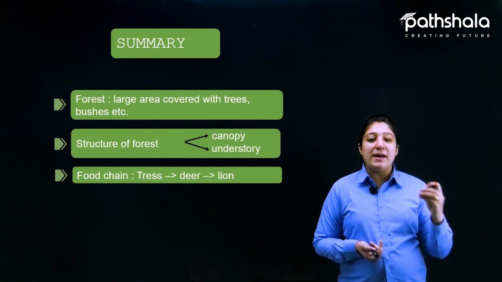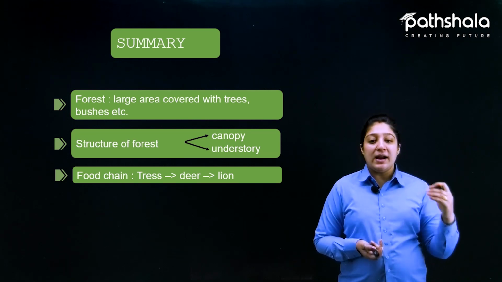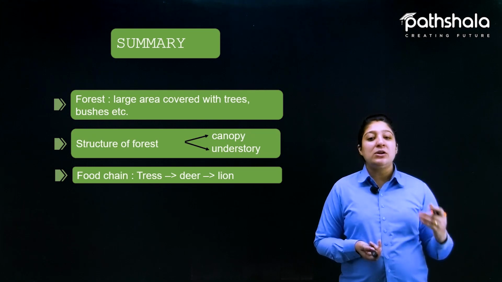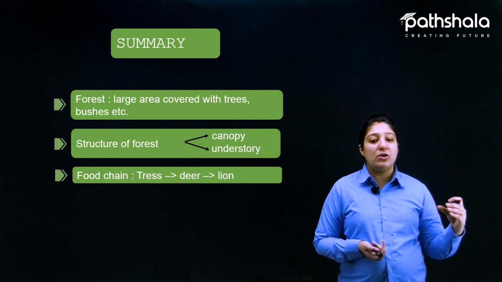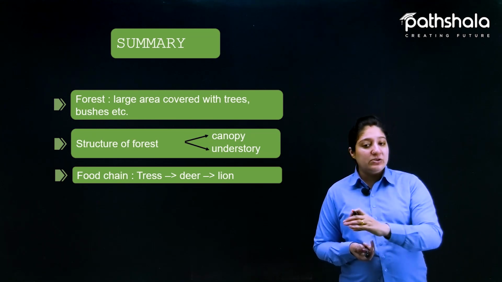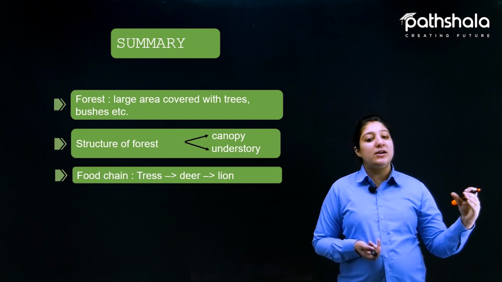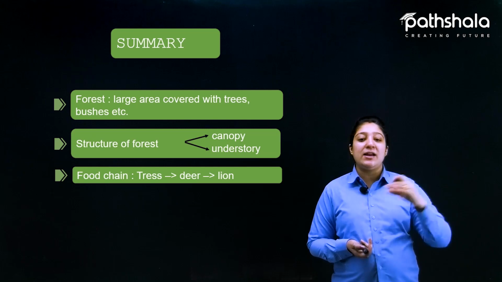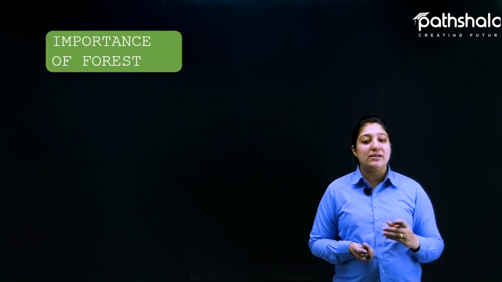What depends on them are consumers, or we can say herbivores, and after that, on herbivores, what is the next step? Carnivores. So the food chain goes on, the sequence increasing from the producers to the herbivores to the carnivores to the decomposers. So that we have discussed.